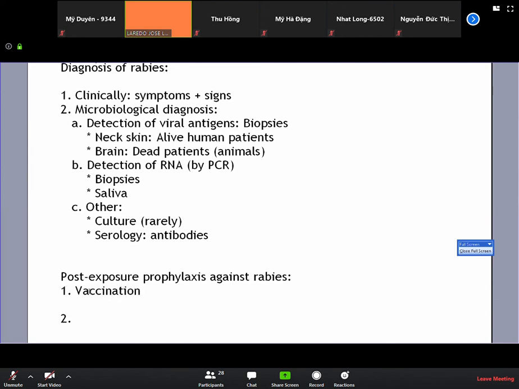So the vaccine is given for post-exposure prophylaxis, for you to produce antibodies. We give this vaccine 4 times: at the time of infection, 3 days later, 7 days later, and 14 days later. If you are immunocompromised, you need another dose later.